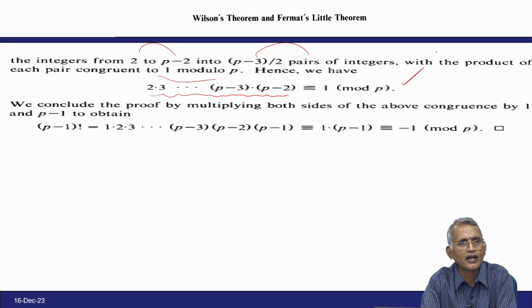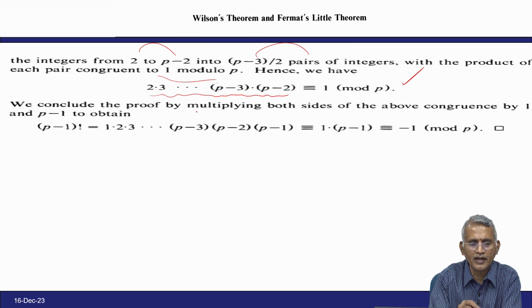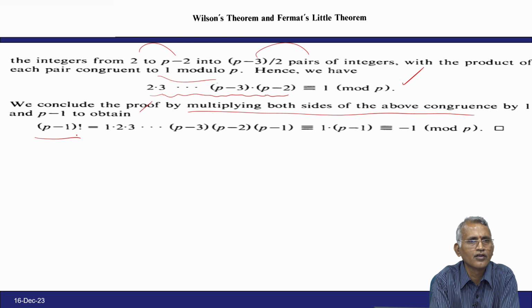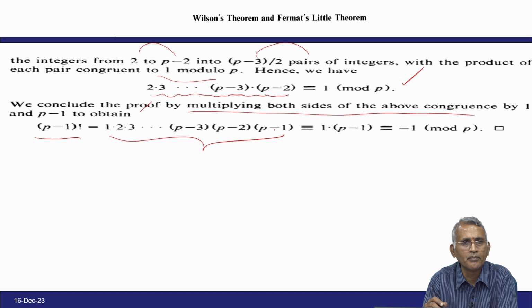Now, we conclude the proof by multiplying both sides of the above congruence by 1 and p minus 1 to obtain p minus 1 factorial, which is nothing but 1 into 2 into 3 and so on up to p minus 1. So, the pair 1 and p minus 1 are the only remaining terms, and the rest of them give 1 because one is the inverse of the other.